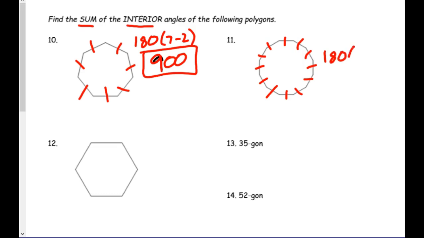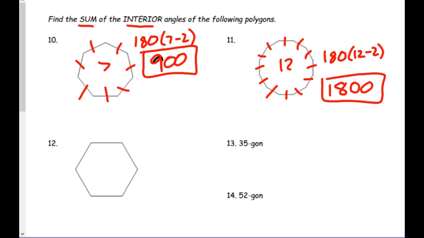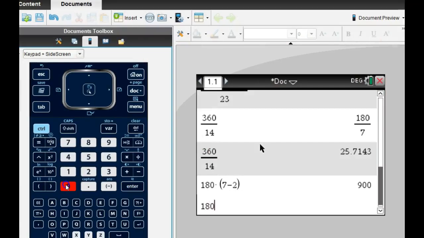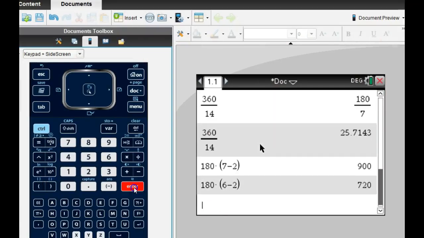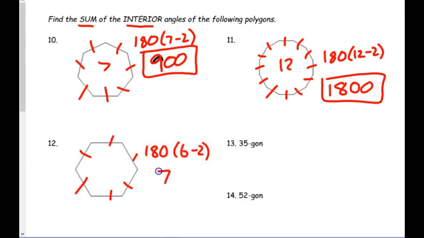So 180 times 12 minus 2. 12 minus 2 is 10, so it's 1800. 1, 2, 3, 4, 5, 6. 180 times 6 minus 2. Okay. 720. 180 times 35 minus 2.